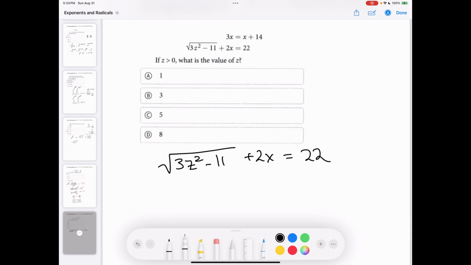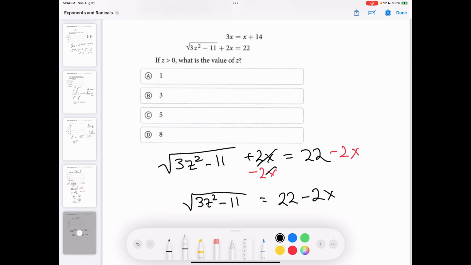I'm going to get rid of the 2x on the left by applying the opposite operation, which means I'm going to subtract 2x on both sides. That means I can cancel these out, and I'm left with 3z to the second power minus 11 equals 22 minus 2x.